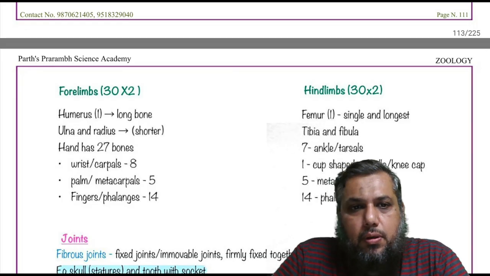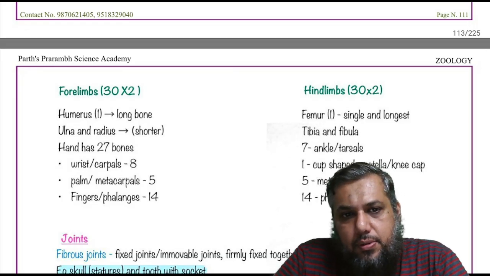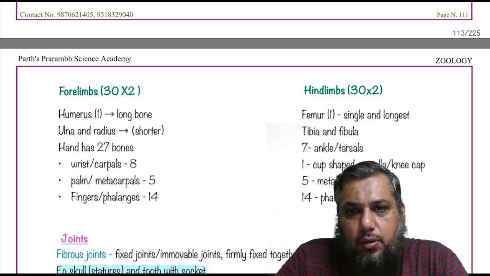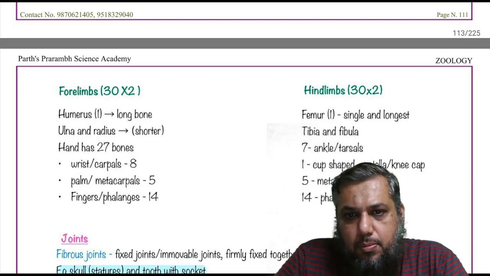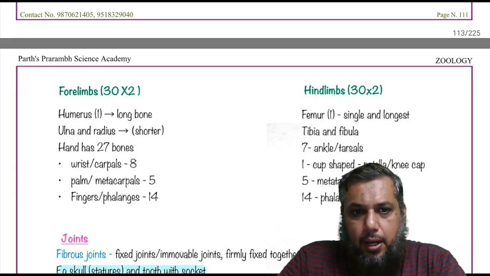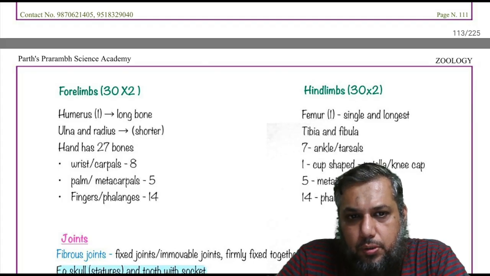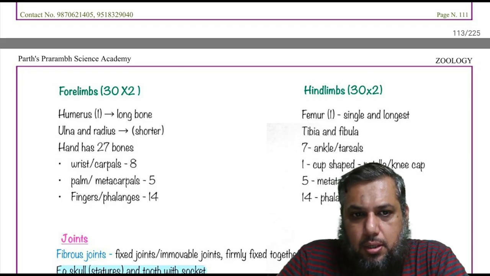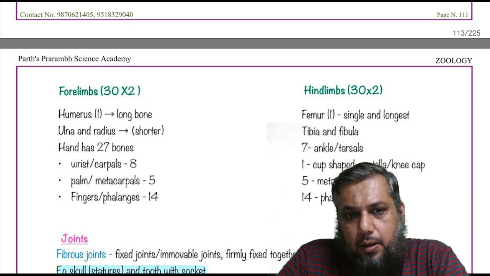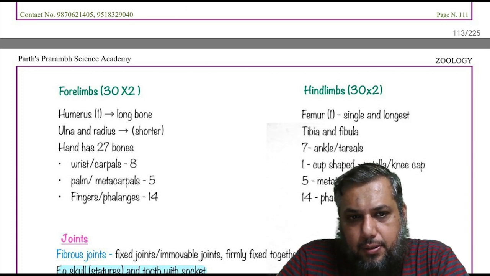The forelimbs and the hind limbs together consist of 60 bones. Each limb will have 30 bones, and you are just supposed to remember the names. So there is a single humerus, the long bone, ulna and the radius, and the hand, the wrist, the carpals, 8, metacarpals 5, phalanges 14.